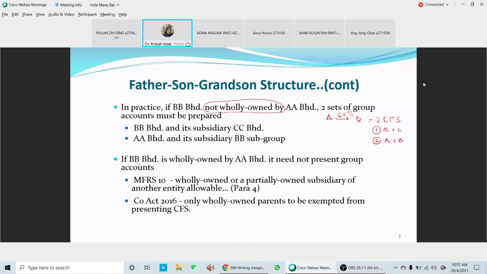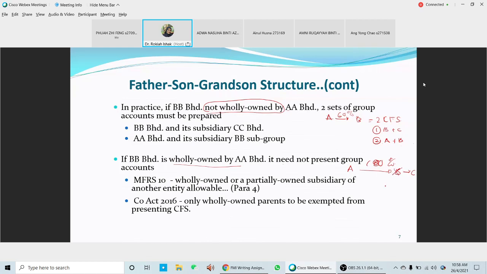But if B is wholly owned by A, so let's say A controls B 100%, so it's wholly owned, and then B has control over C. In this case, if A has 100% in B, B does not need to present a consolidated financial statement.